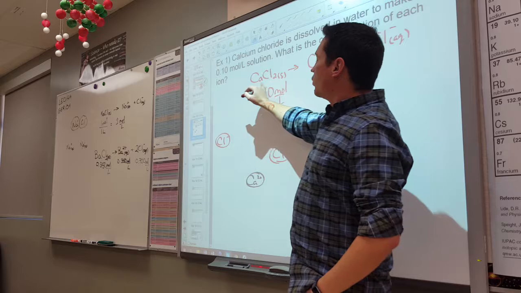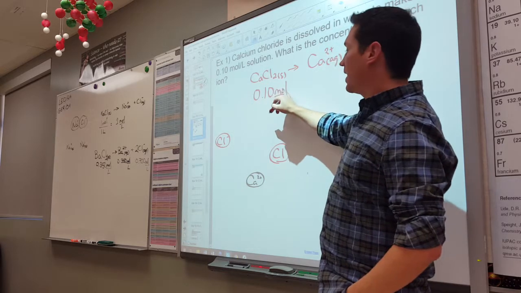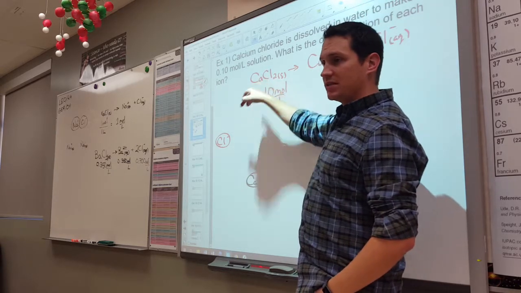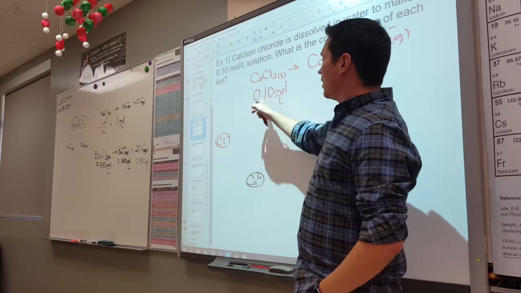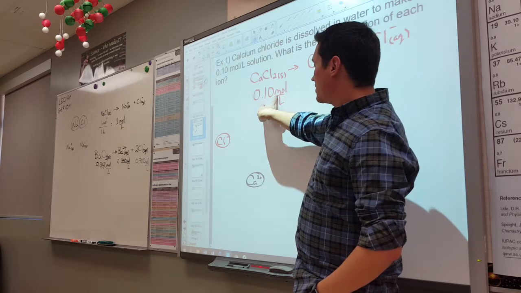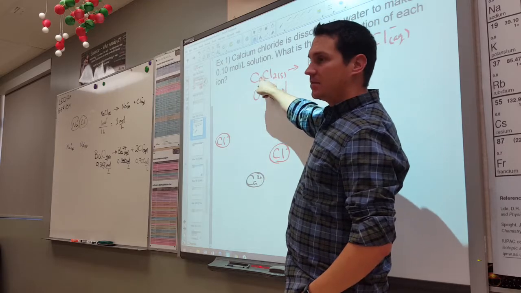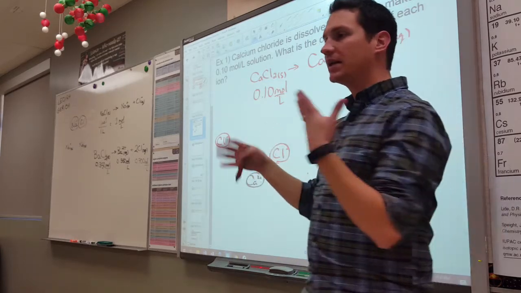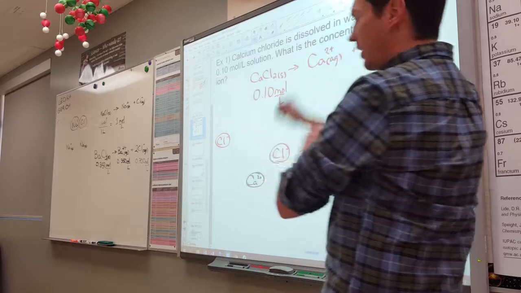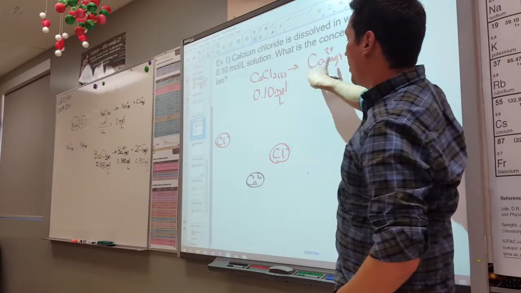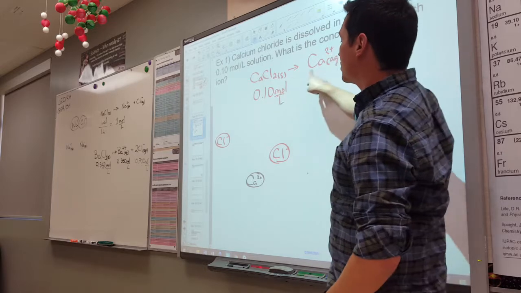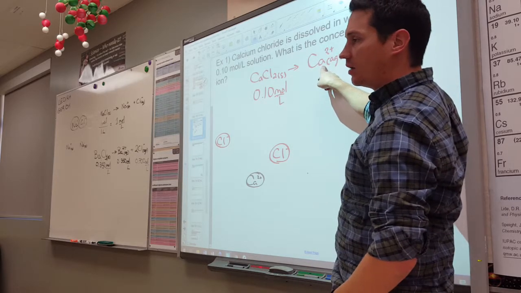I'm placing the original concentration directly under my original substance. Does that make sense why we're doing that? I want to say that this concentration belongs to this substance because that's the concentration we calculated using whatever math we did. Now, when this thing splits up, what will the concentration of the calcium ions be?